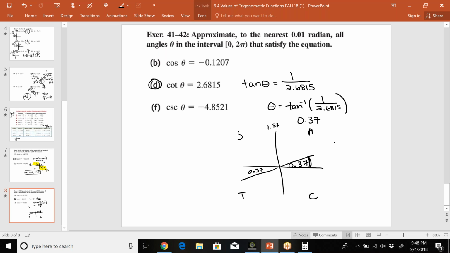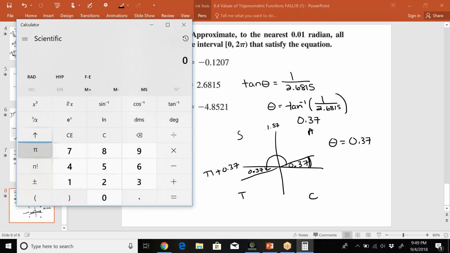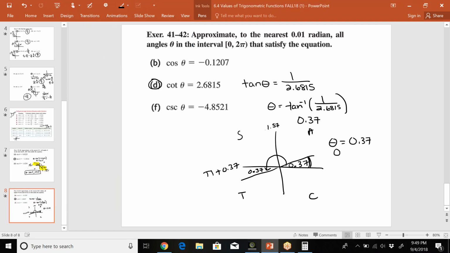So this is going to be my first angle, since it actually is in quad 1. So my first angle is 0.37. My second angle, remember, is pi plus that. So pi plus 0.37, and we can actually turn this into decimals. So pi plus 0.37 is 3.51. And those are my two angles for when tangent, or cotangent I should say, equals 2.6815.